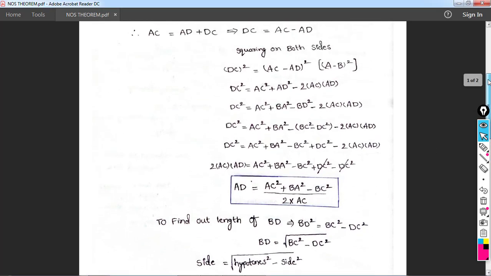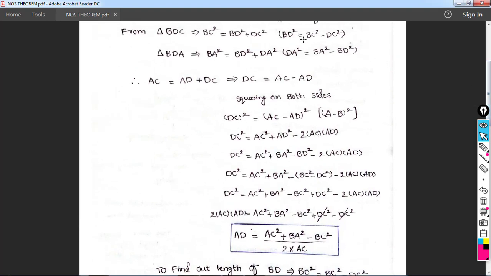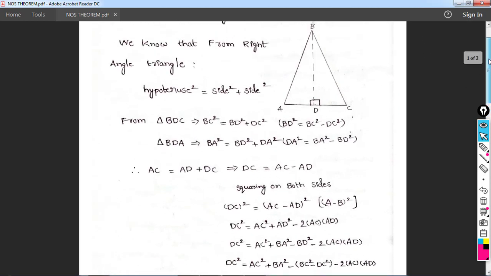We know that BD square is equal to BC square minus DC square. So we want BD, just the root of BC square minus DC square, hypotenuse square minus side square, to get this BD.